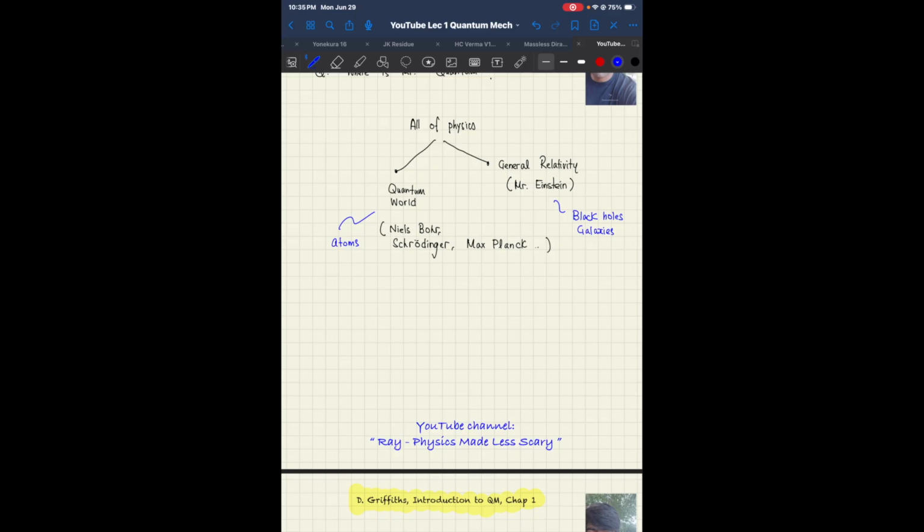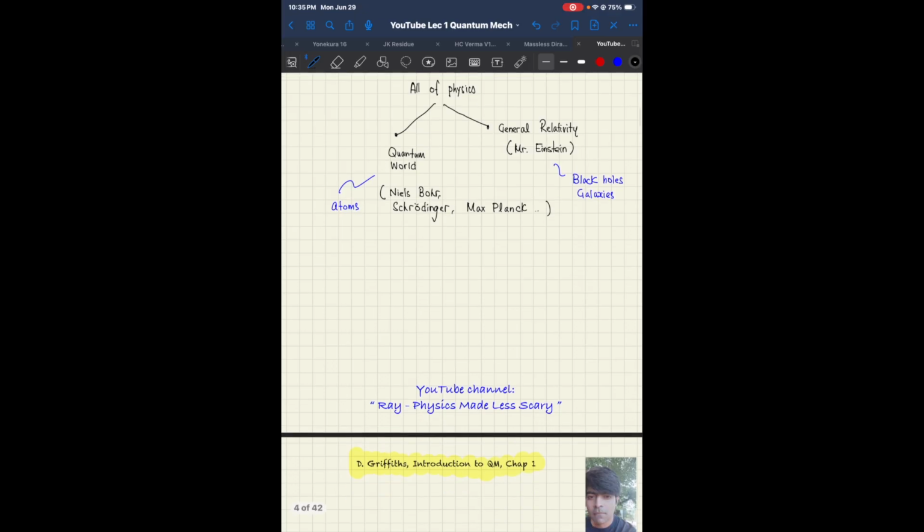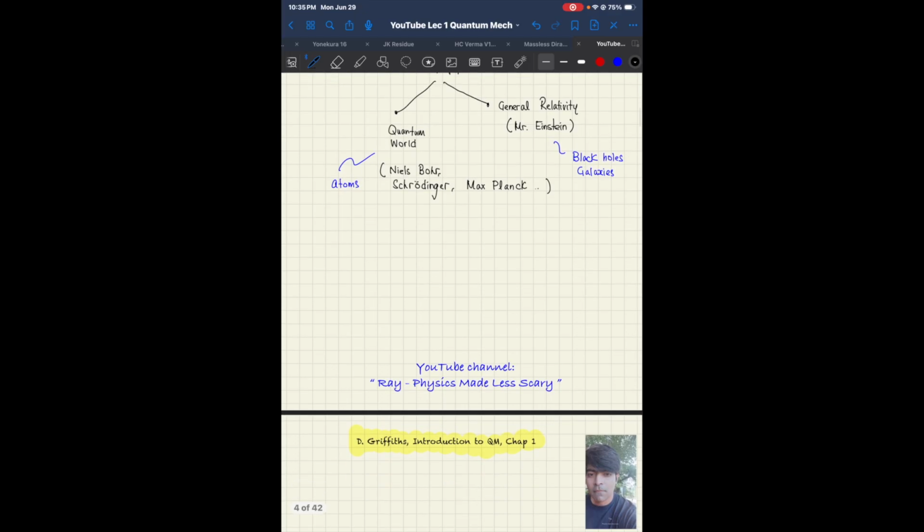And why are they different? Well, it's a huge mystery. It's an ongoing work. Nobody knows why they are so distinct. There are, in fact, various theories that try and bring the two together. Probably the most famous of them is called string theory, which is quantum theory.